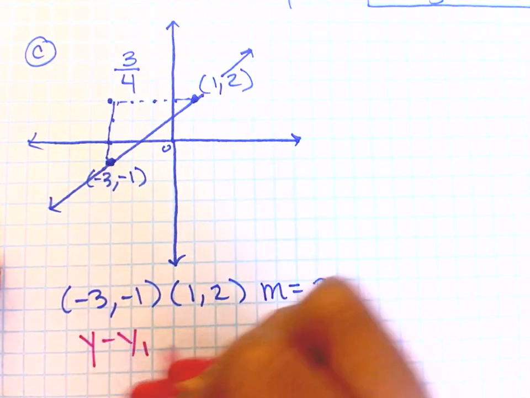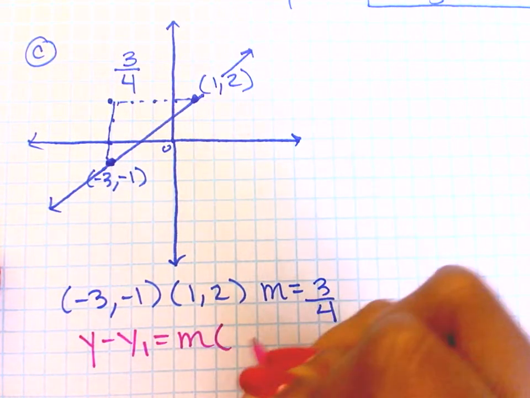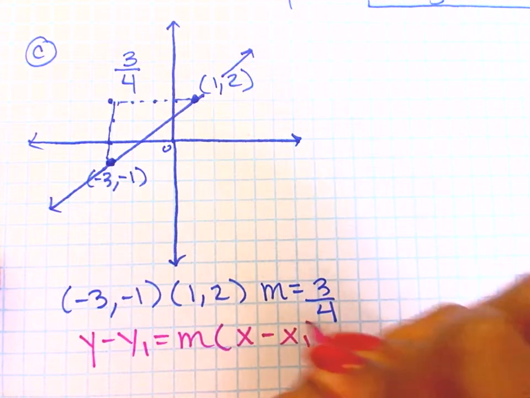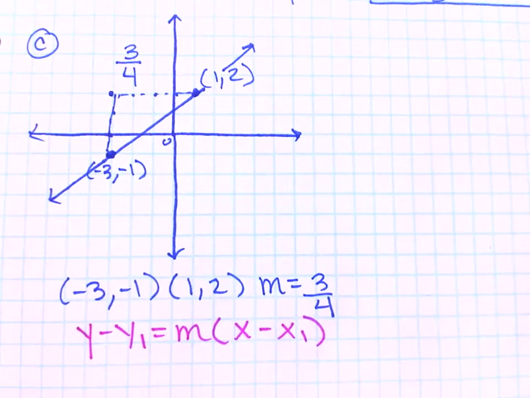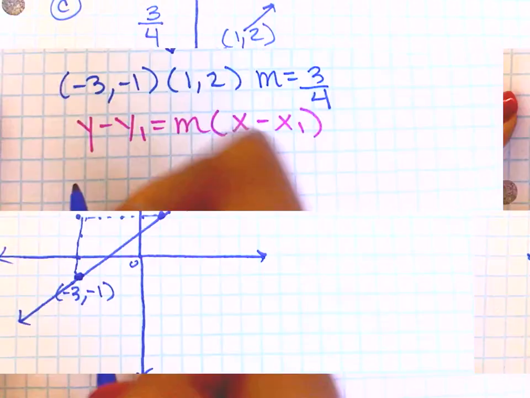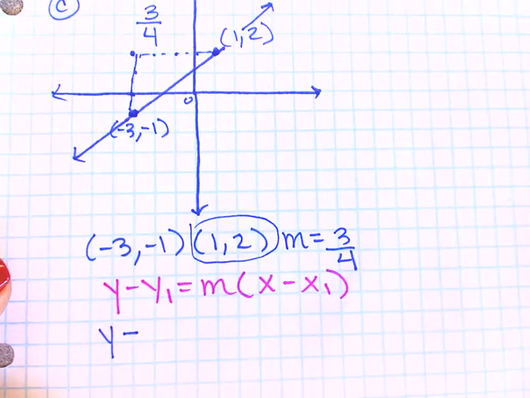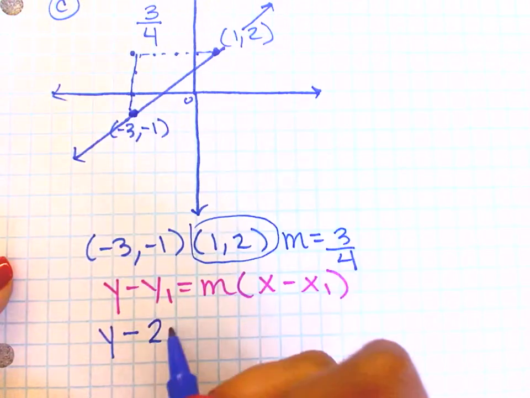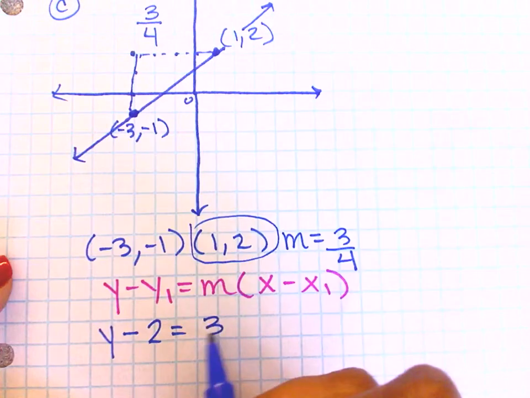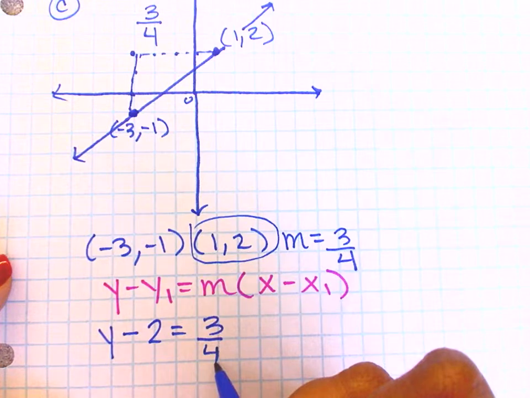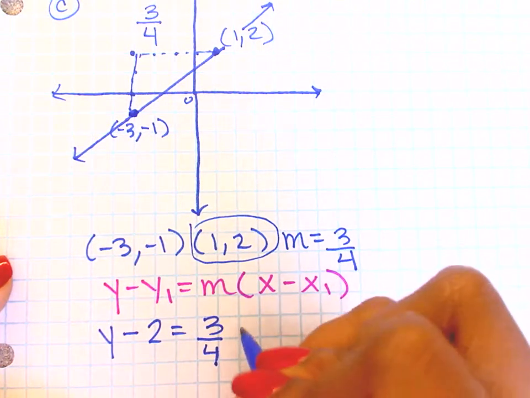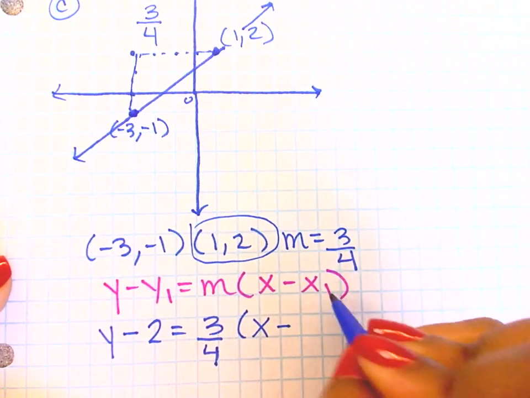Y minus y1 equals m times the quantity of x minus x1. Okay, plug it in. Y minus, I'm going to use this one, 2 equals my slope, 3/4, m is my slope, times x minus 1.